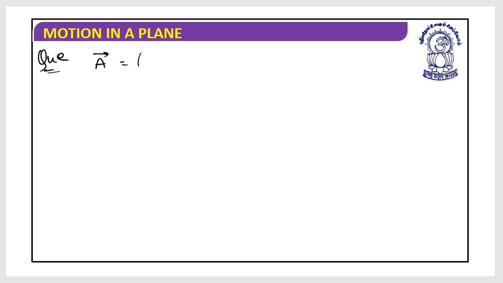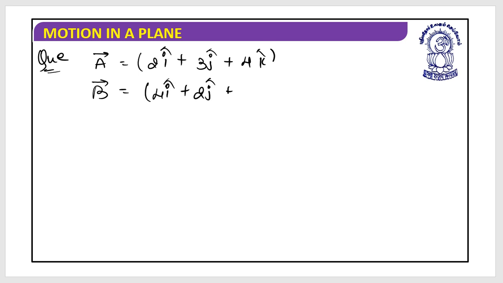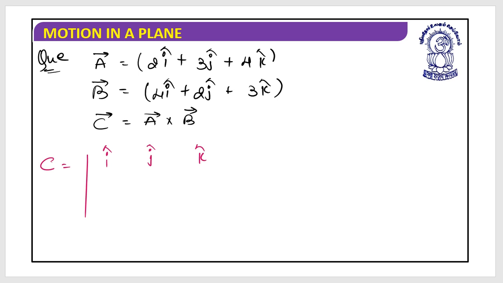So this is vector A, equal to 2i plus 3j plus 4k, and this is vector B, 4i plus 2j plus 3k, and I need to calculate C equals A cross B. Since C equals A cross B, I can simply write the first line as i, j, k. Now take the coefficients of A first, 2, 3, 4, then from B it's 4, 2, 3.